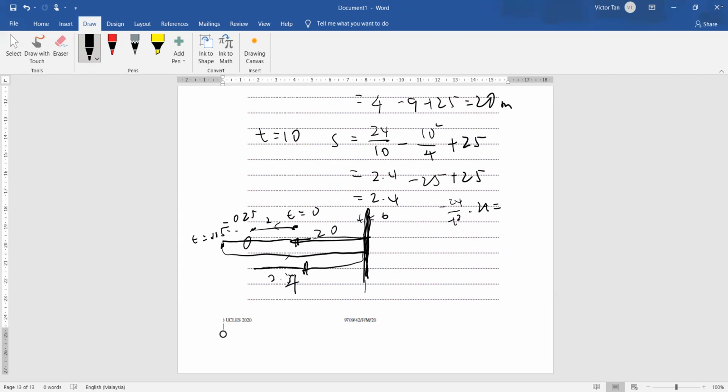Okay. So the distance is 2 plus 0.25 plus 22.25 plus 19.6.